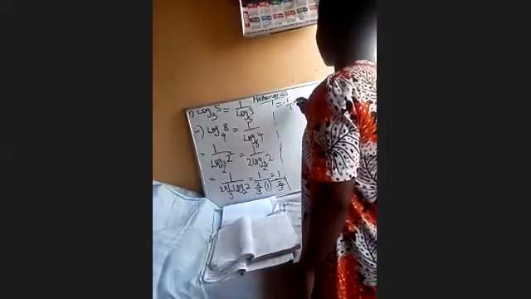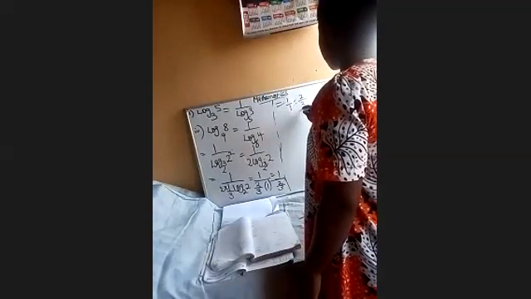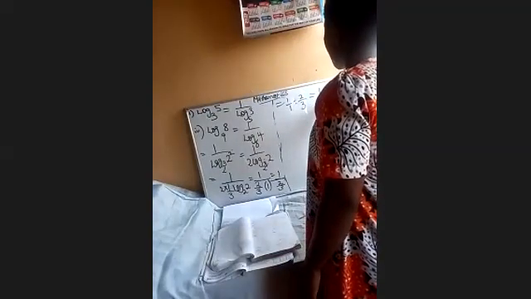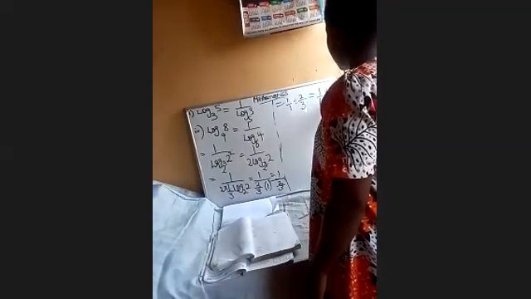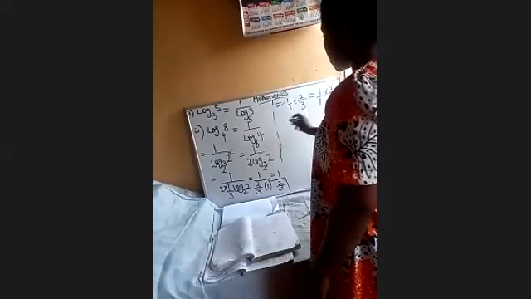When we have 1 over 1 divided by 2 over 3, this gives us 1 over 1 times 3 over 2. Our answer is 3 over 2.